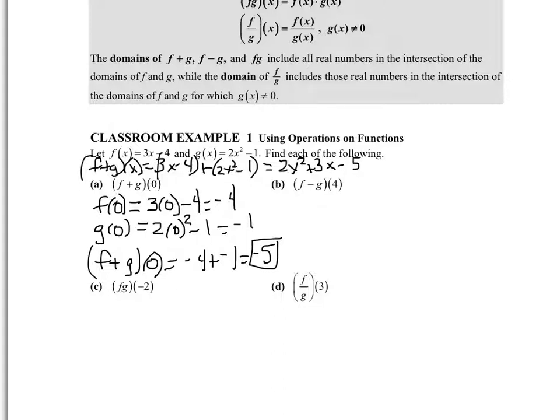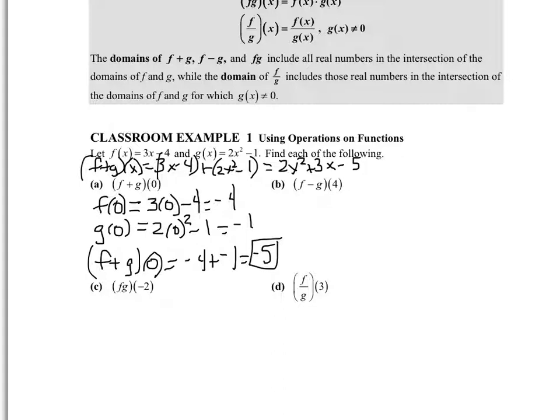Notice if I substituted in 0 for x now, I would still get a value of negative 5. So with addition or subtraction, it's your choice. If you want to combine them first, then evaluate for that specific value of x, you may do so.